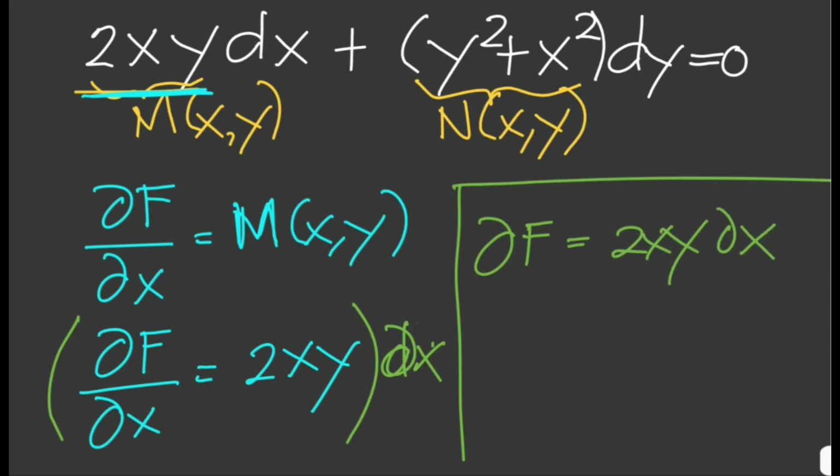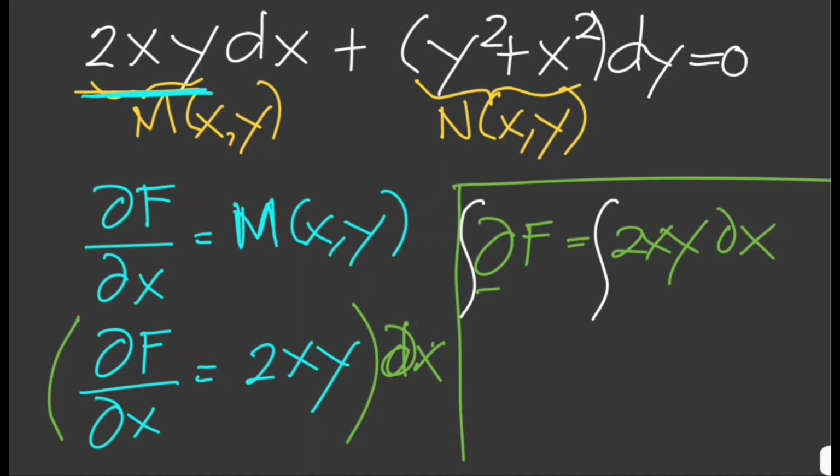By the way, this curly d here, or partial d, can be pronounced as "d" or "del." In this case, I will just pronounce it as d. And now we've already separated df and 2xy dx, so we can integrate both sides.